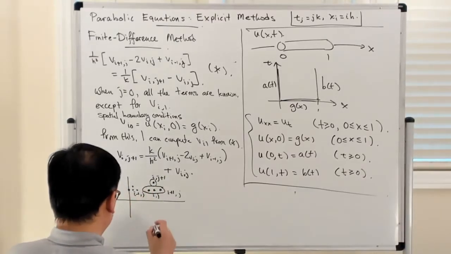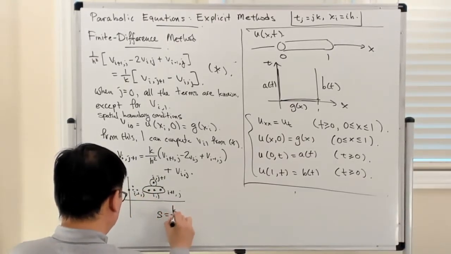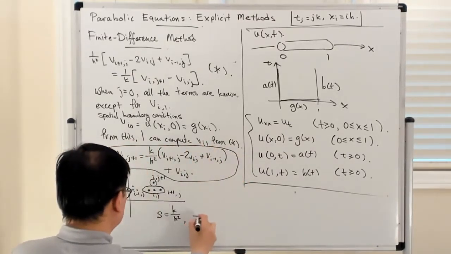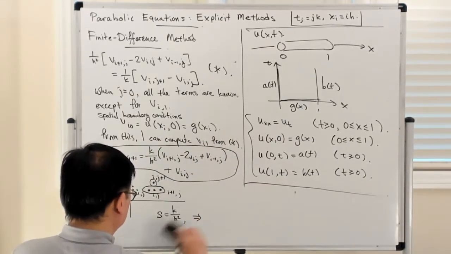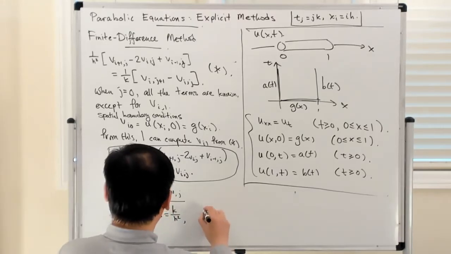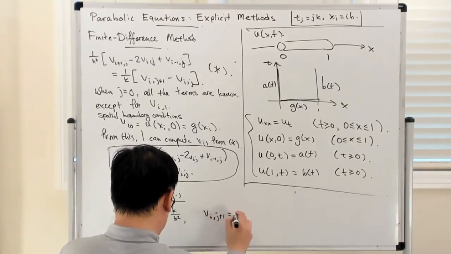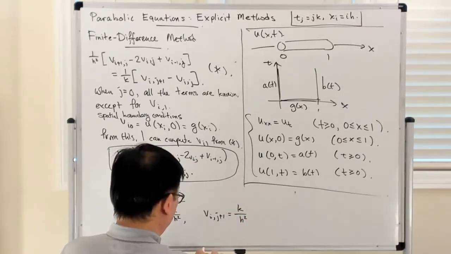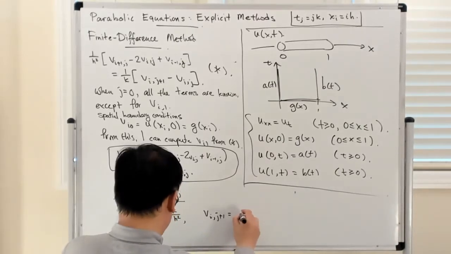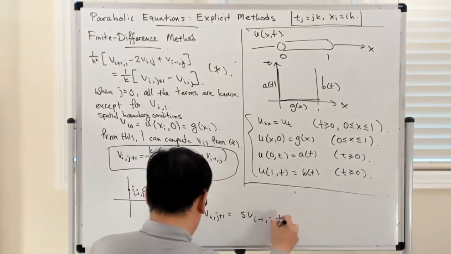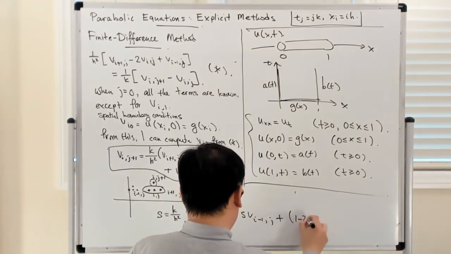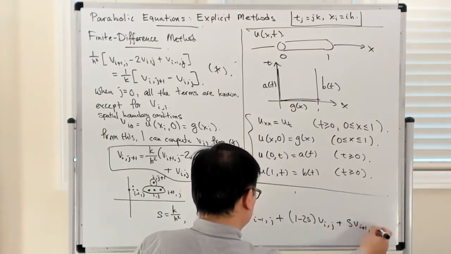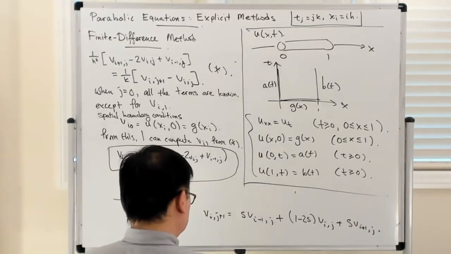If I have s equal to k over h squared, then this equation becomes the following: v_{i,j+1} is equal to s v_{i-1,j} plus (1 minus 2s) v_{i,j} plus s v_{i+1,j}. All right, so that's what it looks like.